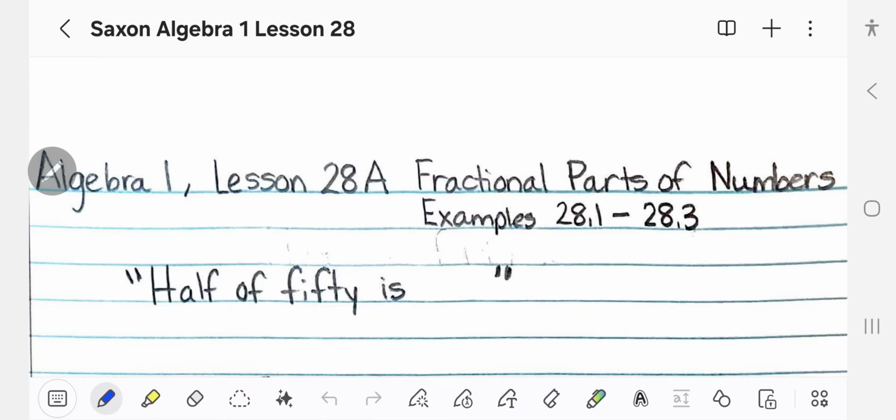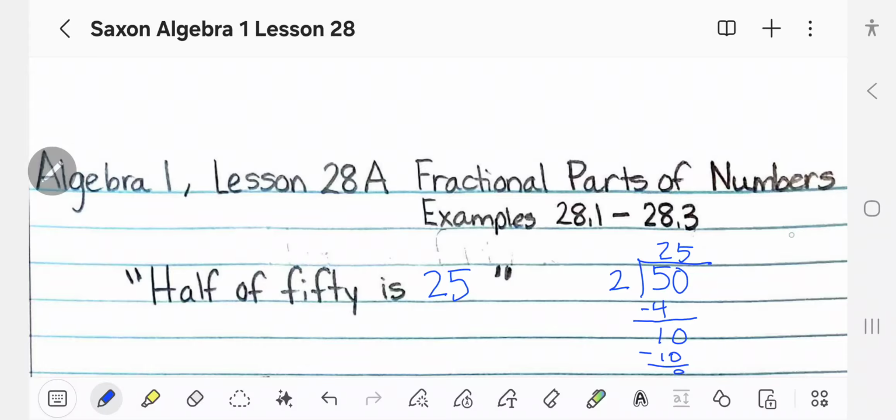If I said half of 50, what number would you think of? Would you think of 25? So how did you know that? Well, you probably said 50 divided by 2, and you know the answer to that is 25.